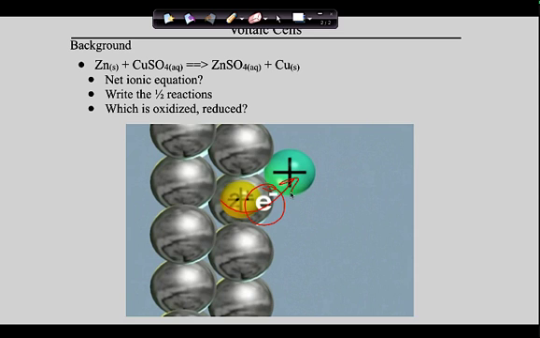So fundamentally, we're going to tear these apart. We're going to put the zinc on one side, the copper on the other side, and we're going to allow the oxidation reduction to take place, but we're not going to let them touch each other. We're going to connect them together with a wire. That's what the loop is across the top. And then as those electrons flow from the oxidation to the reduction, we end up with a battery.